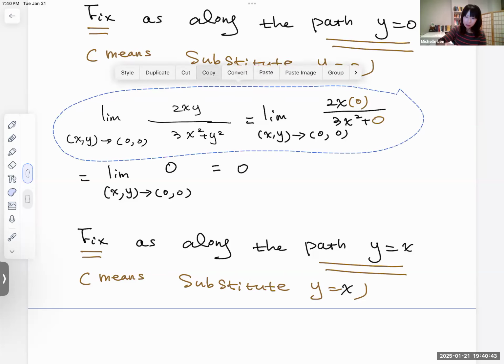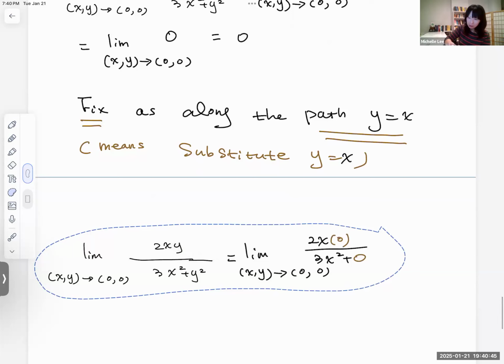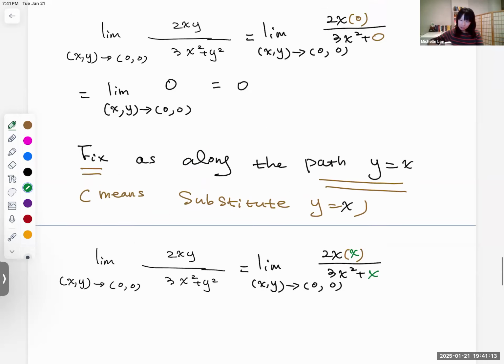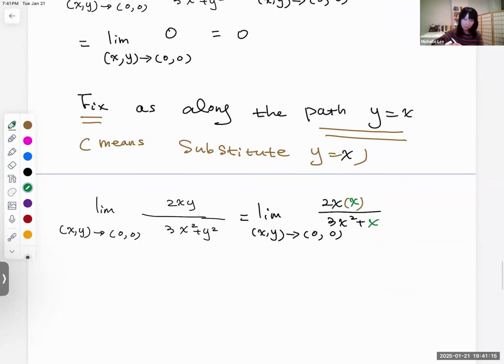Copy, paste, y equal to x. Then, hold on one second.